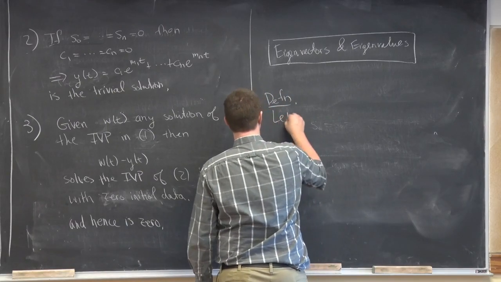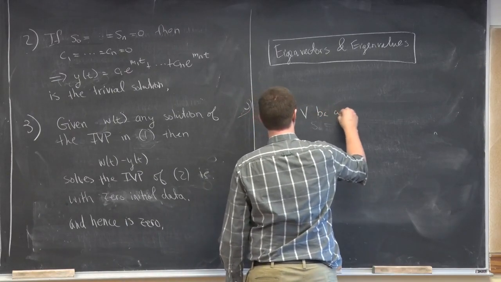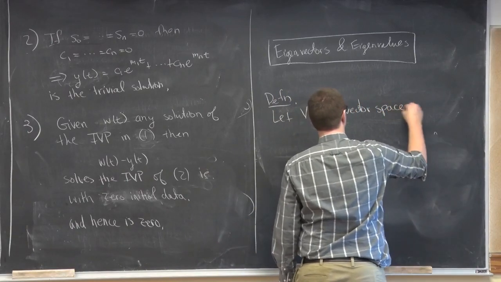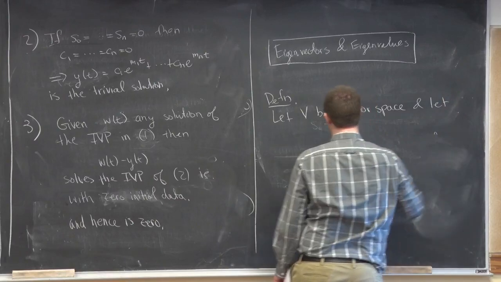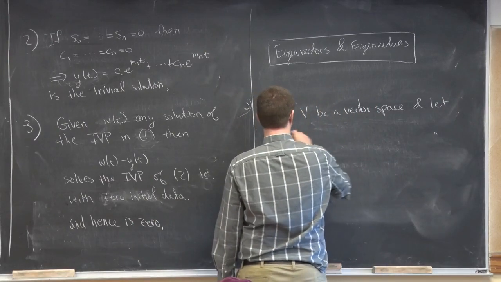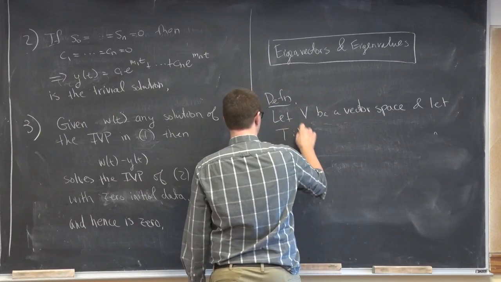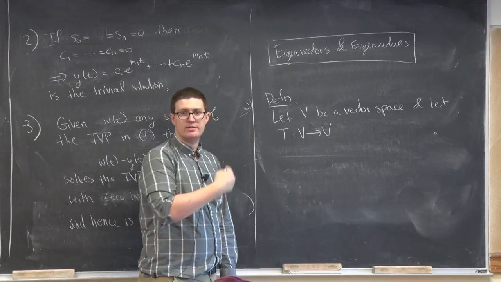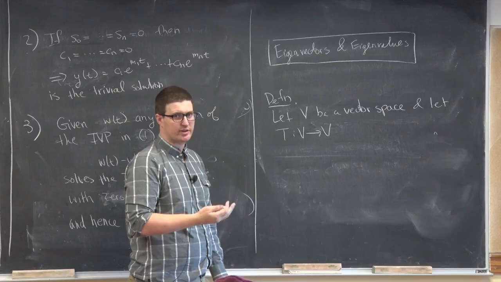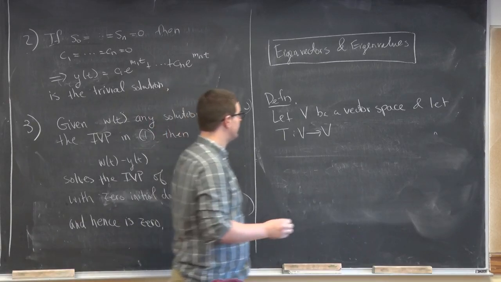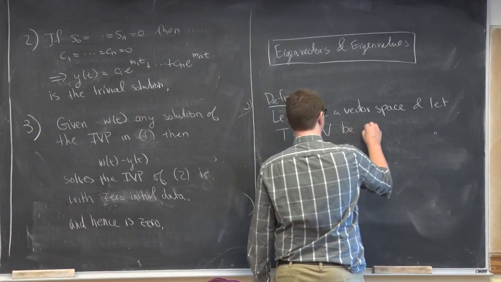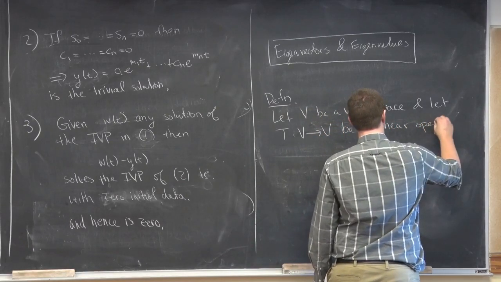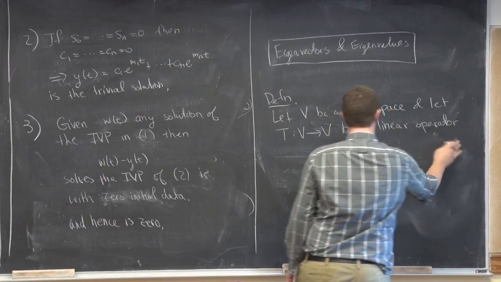So let V be a vector space, and let T, have you guys seen this notation? This is a linear transformation from V to V. So it's like a matrix or differential operator. Be a linear operator on the vector space V.